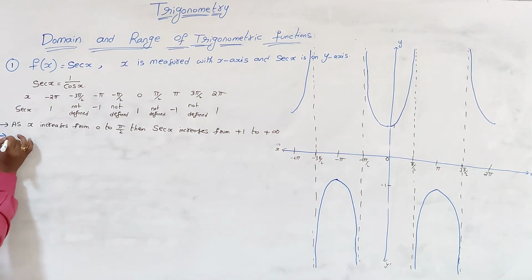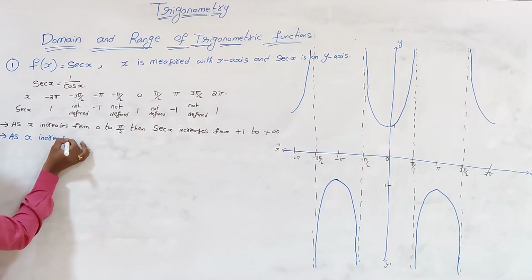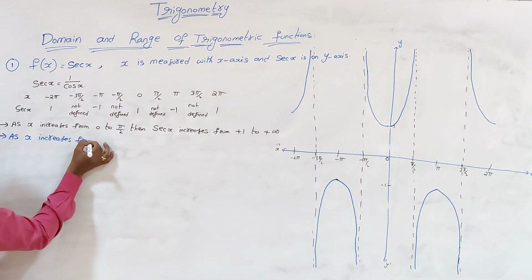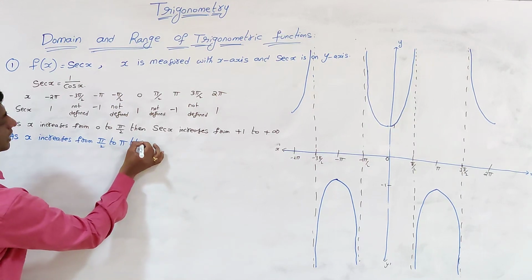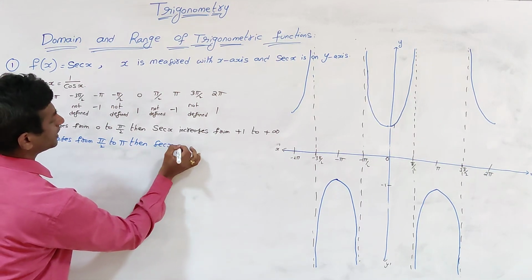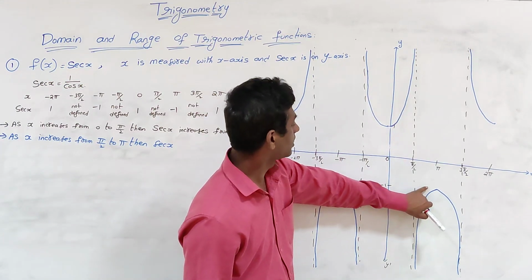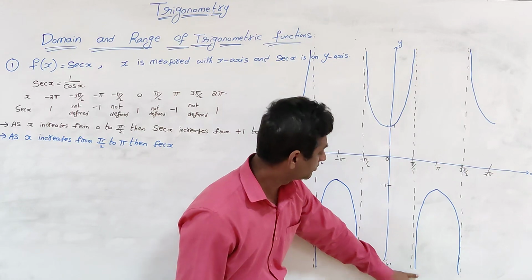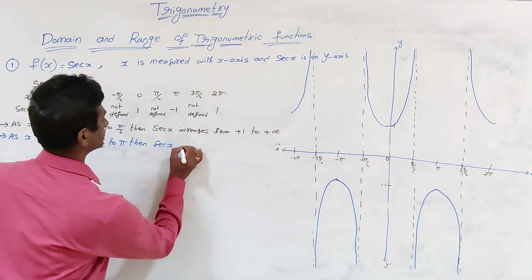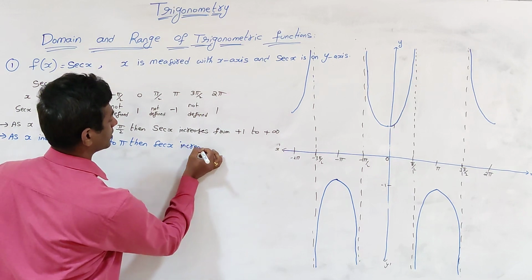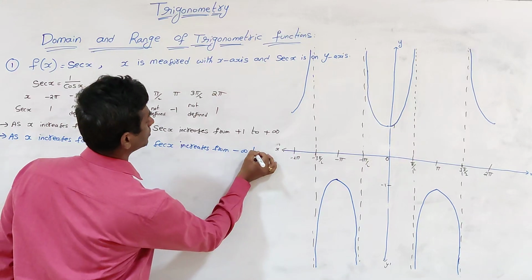Next, as x increases from pi by 2 to pi, then secant x again increases from the negative direction to minus 1, increases from minus infinity to minus 1.